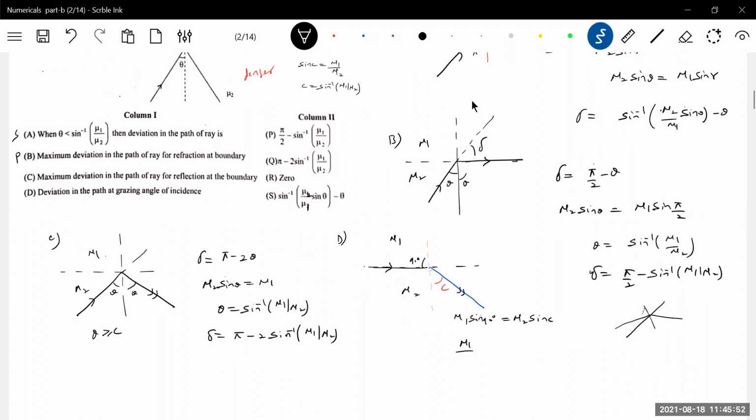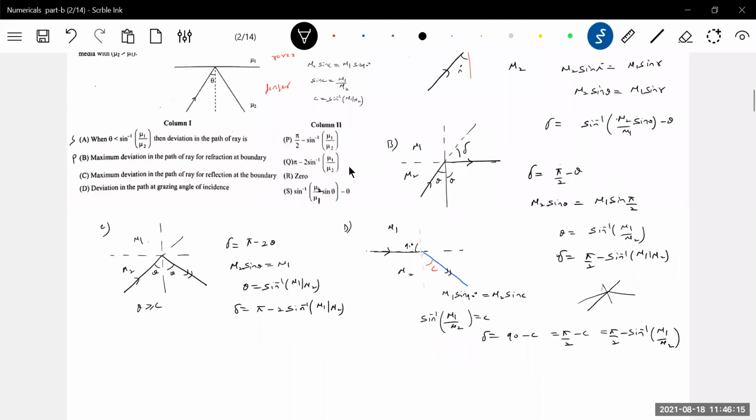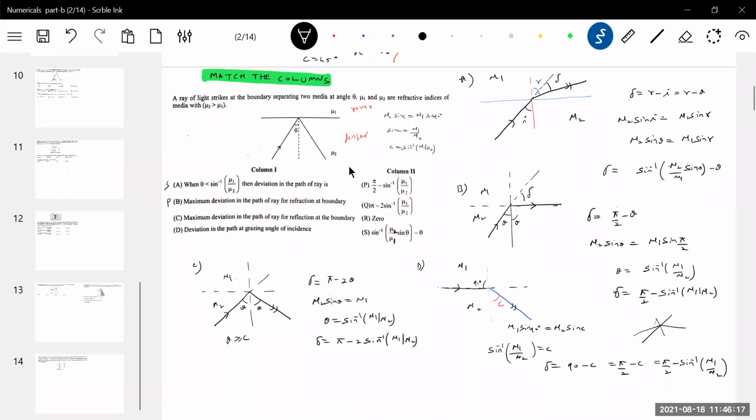Okay, this will be mu1 by mu2. Check once. I think the last one, a little bit we have to assume a situation there.